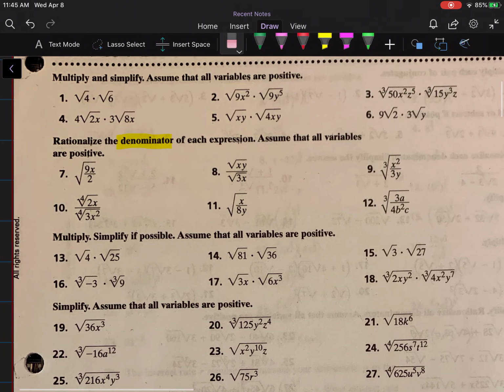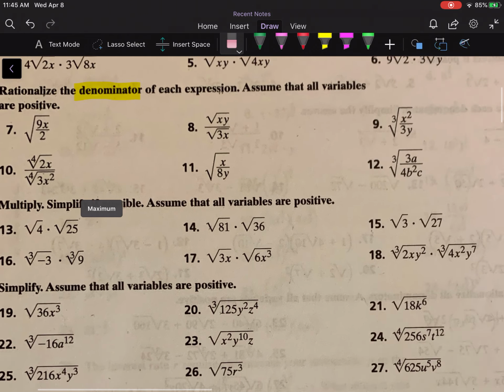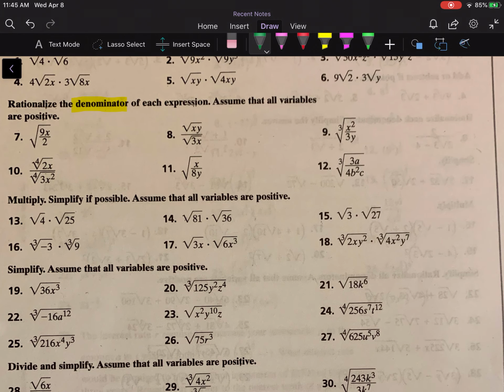Now, number 10. Same thing. We're going to multiply both of them by the fourth root of 3x squared. At the top, we're going to get the fourth root of 2 times 3 times this x times this x squared.